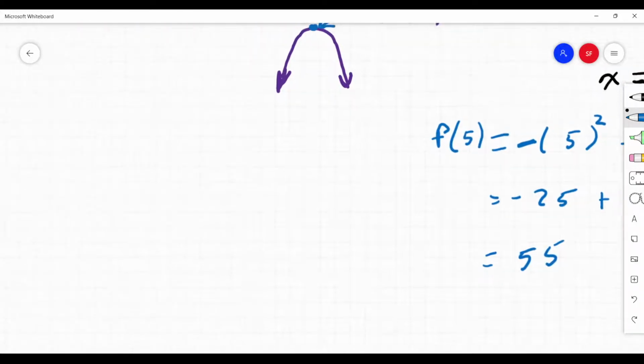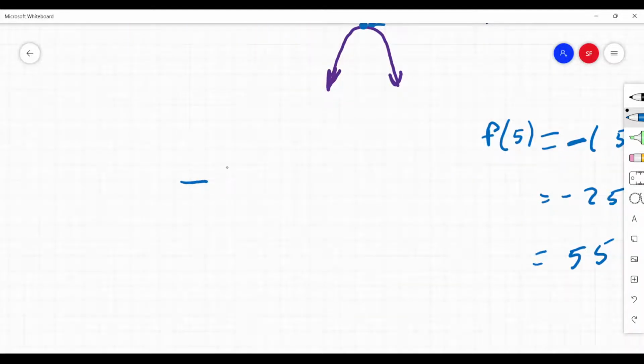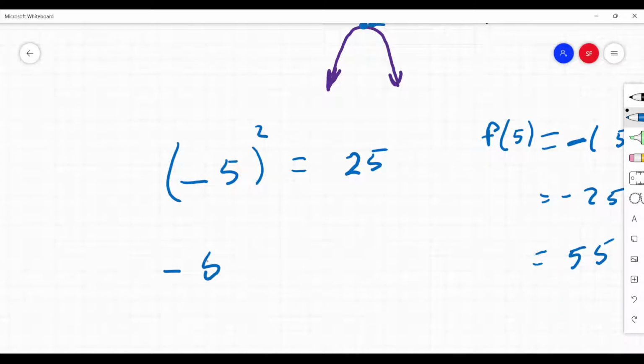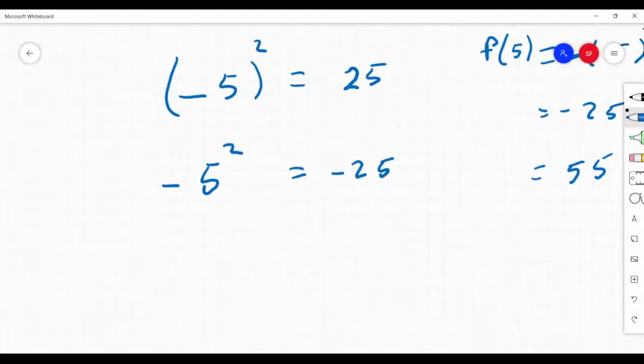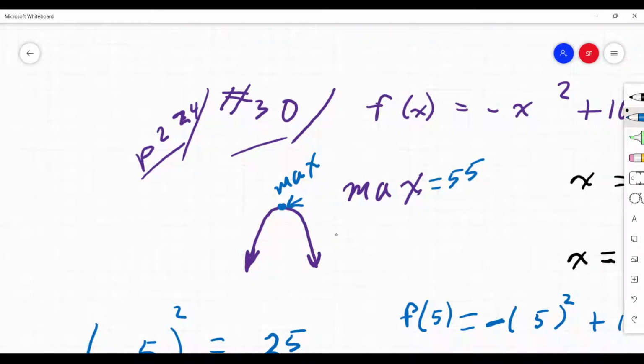That's that, and this is why when you substitute stuff, I have you put it in parentheses, because this is positive 25, because the negative is in fact squared, right? But this is negative 25, because the negative is not squared, which is the same as this. Because the negative isn't squared in those cases. That makes sense? Okay, good. So the max is 55.